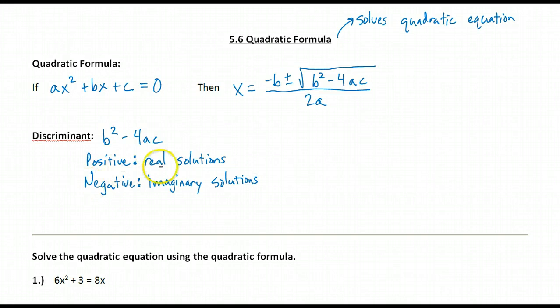We can dig a little further. If our discriminant is a perfect square, then we're going to take the square root of a perfect square. And the square root of a perfect square is an integer, which means when I'm done doing all this math, my answer will be a rational number.